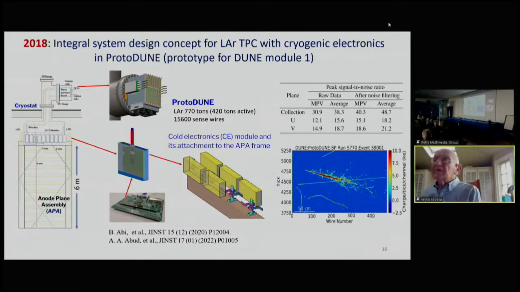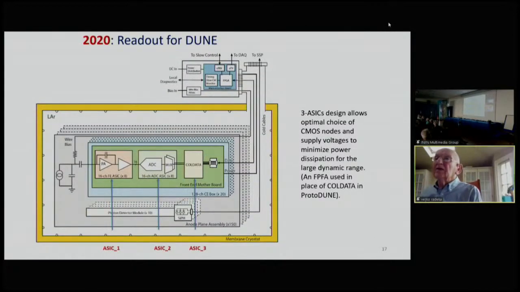In ProtoDUNE. So going from that, the developments proceeded toward DUNE with the 3 ASIC design of a readout where the cold readout connects to the warm interface, where the Faraday cage is completely closed with the cryostat.